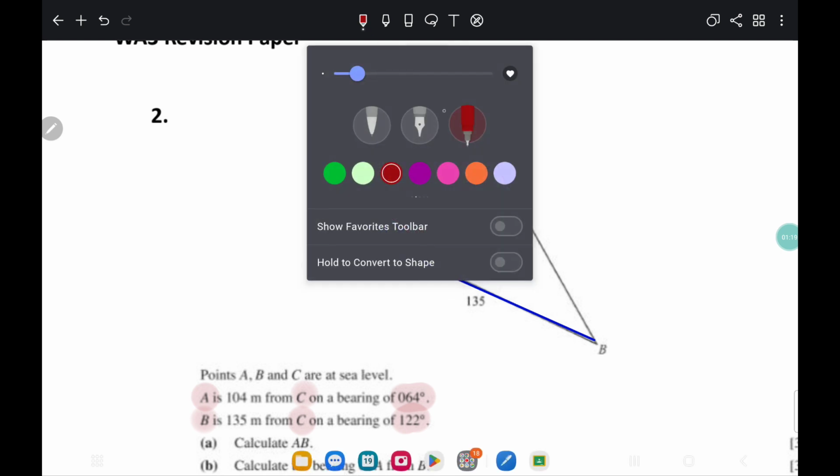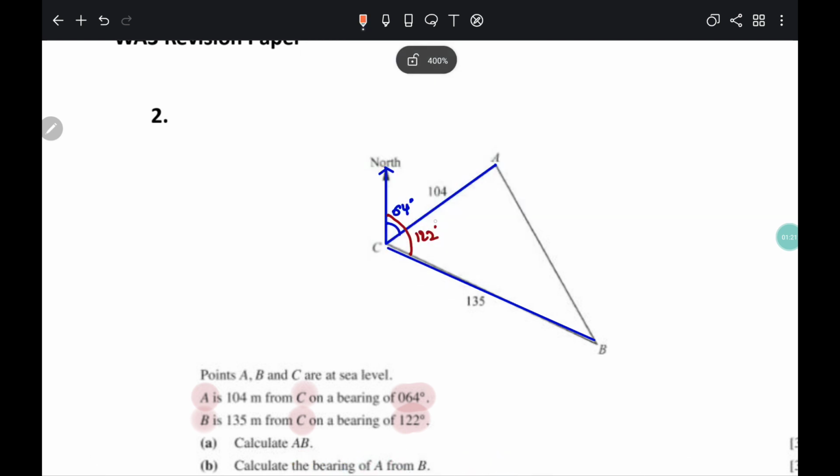I can actually find, with those two angles, this angle ACB. So work out angle ACB on your own, and in part A, you're supposed to find the length of AB. Let me redraw that triangle here.